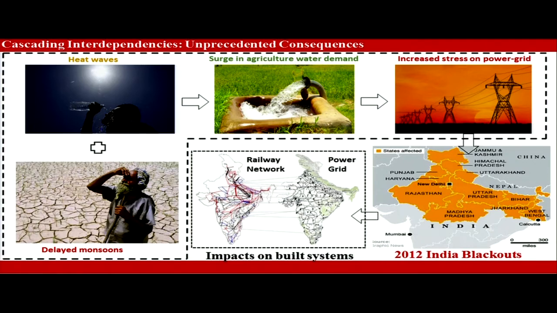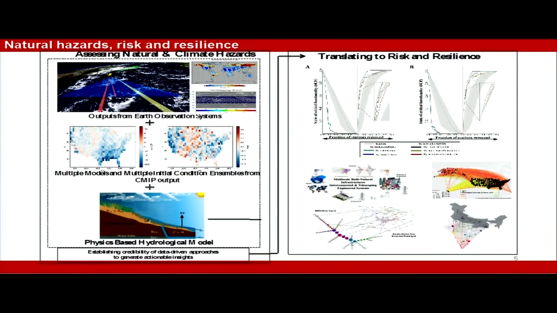So we started questioning whether there is a better way where we can harness all the data sets that we have at our disposal, which includes remote sensing data sets, observations from gauges, observations from radars, and put them into a meaningful metric that can help us characterize risk and resilience better.